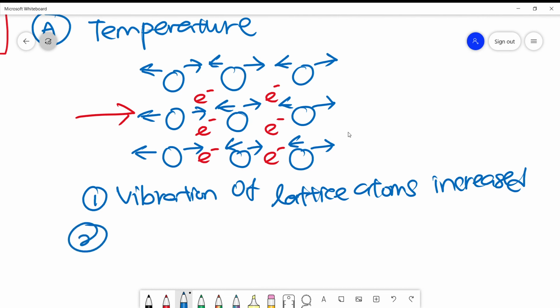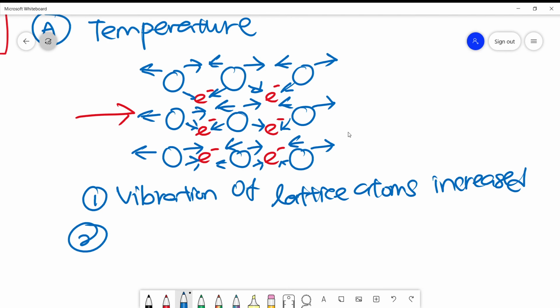So what happens when the vibration of the lattice atoms increases? It will eventually collide with the free moving electrons. The lattice atoms will collide with the free moving electrons. Okay, so this goes to the other two sides.